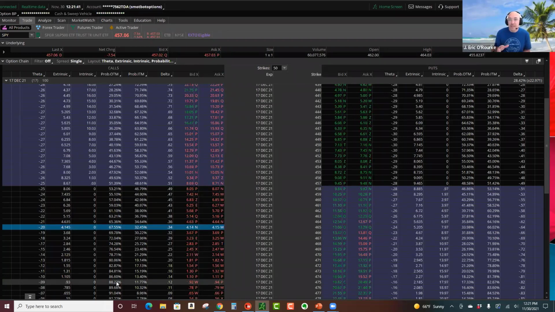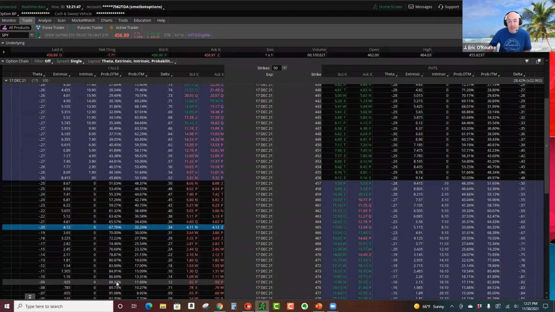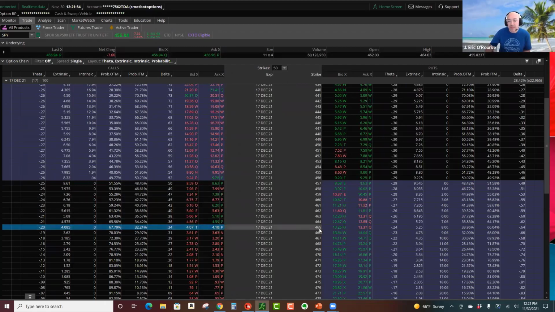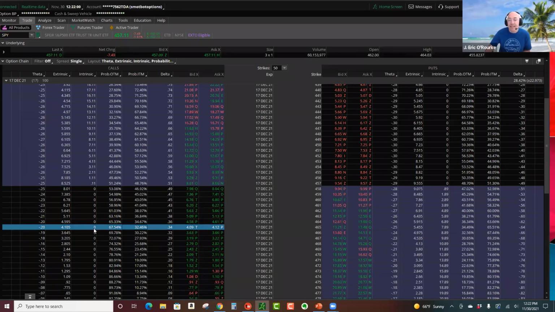And there's a lot of risk associated with that, which we can maybe touch on at the end, but that's the general idea of the probabilities. If SPX is at 457, it would have to move 8 points to get to 465 for this to expire in the money.